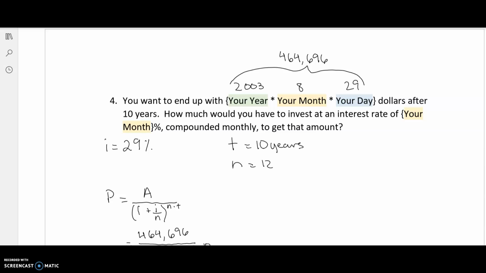So my t value is going to be 10 years, and my n value is going to be 12 because it is compounded monthly.